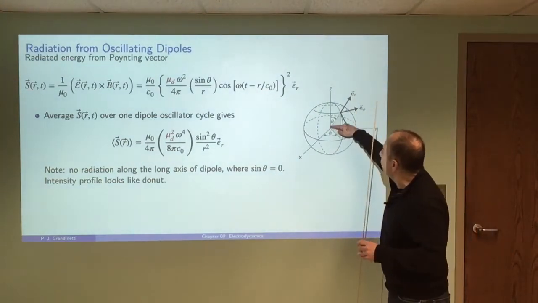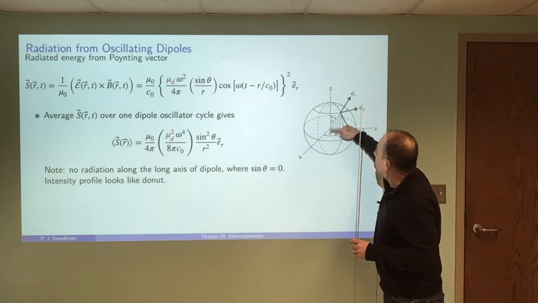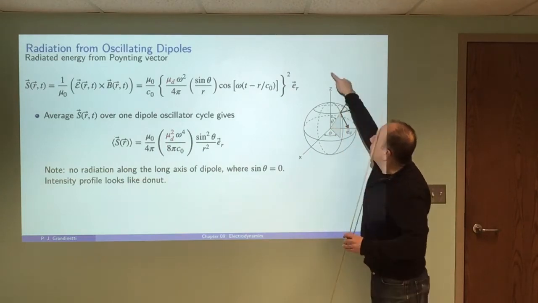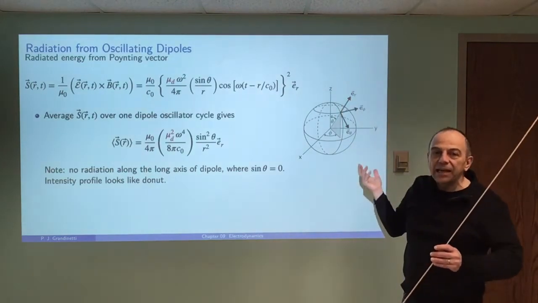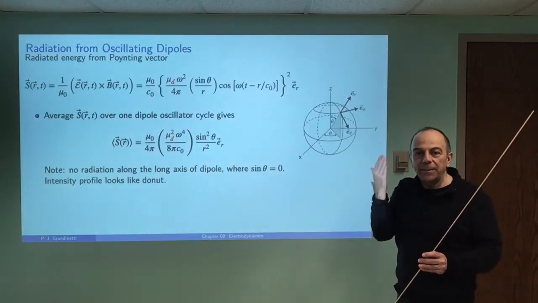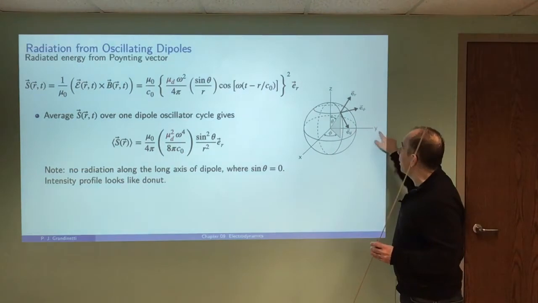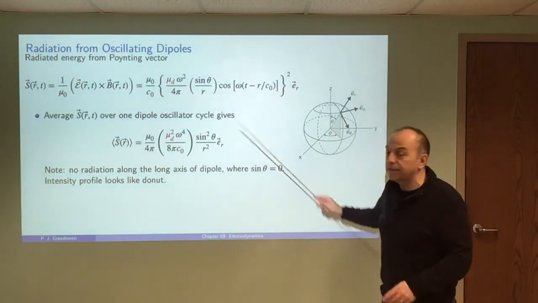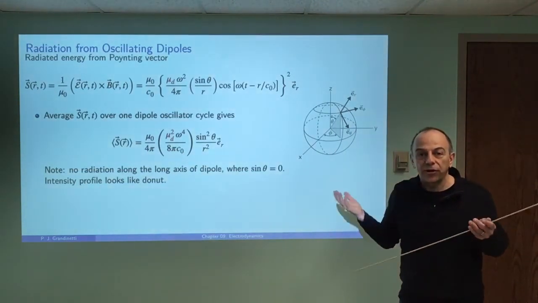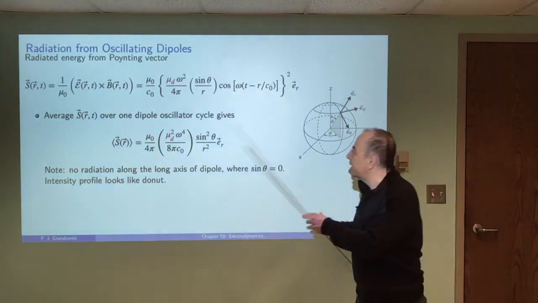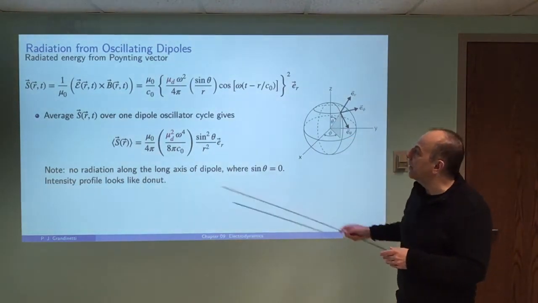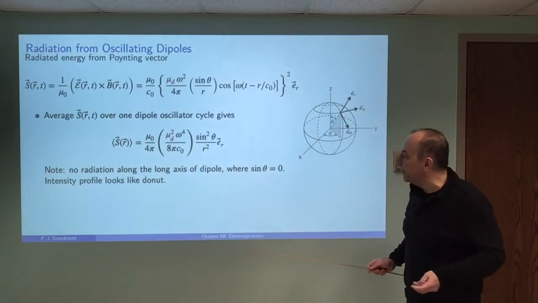So if your dipole is oscillating along the z-axis and you're sitting up here above it on the z-axis, you're not going to see any power being emitted out towards you. But if you're out here along the x and y, where theta is equal to 90 degrees, then that's where you're going to get the maximum amplitude, the maximum intensity of energy coming out towards you.